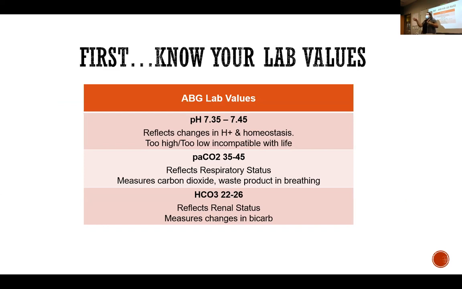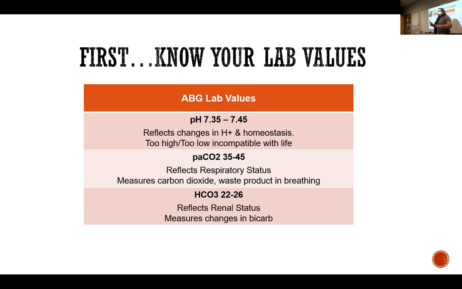Somebody said, what was the level? 7.35. Yep, 7.35 to 7.45. What happens to the body if we get very far outside of those limits? That's right. And it can be deadly, right? We can't survive when it gets too acidic or too alkalotic, which means basic. Alkalosis or alkalotic is the same thing as a base, okay?